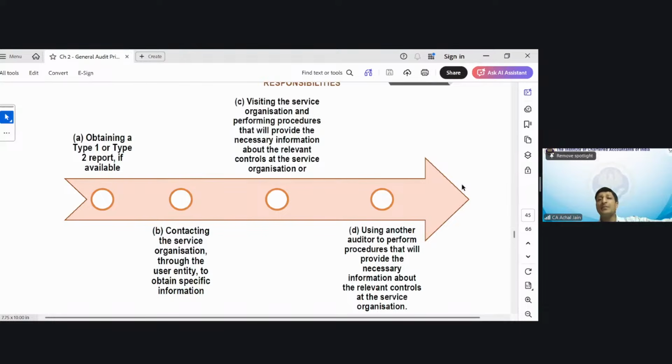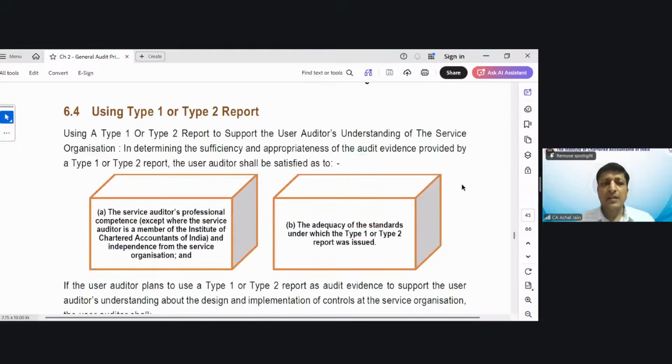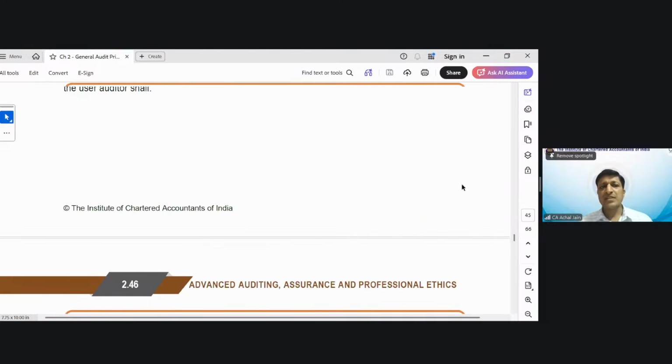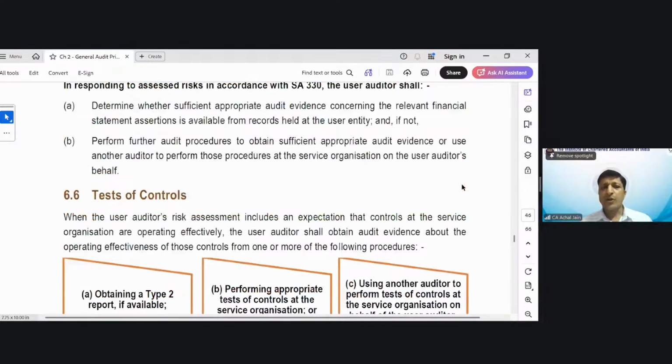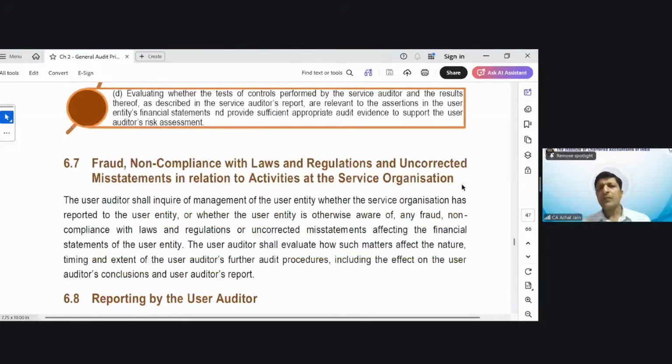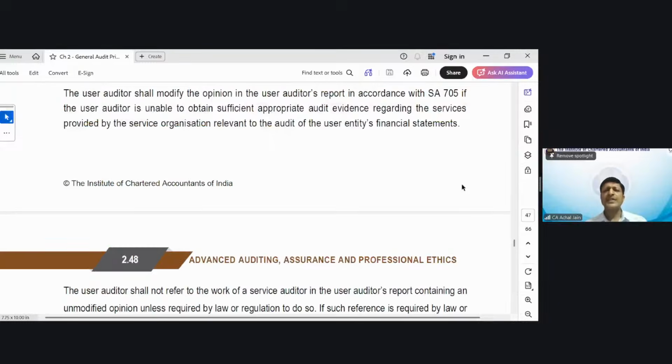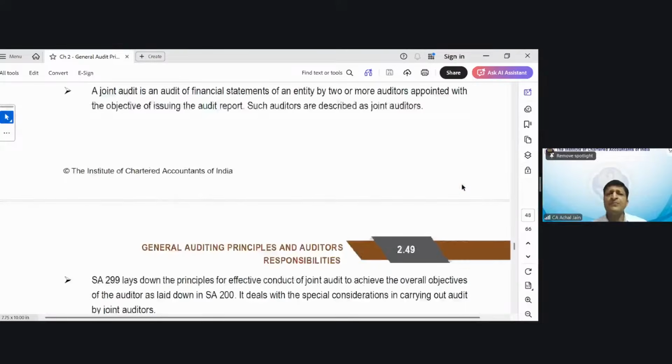He can't visit directly himself, so that's why he is engaging somebody else. Effectively, it's a situation wherein you have a kind of expert of the auditor. Yes or no? Because in a way, that other firm is nothing but an expert who is going to help the user auditor. Yes or no?